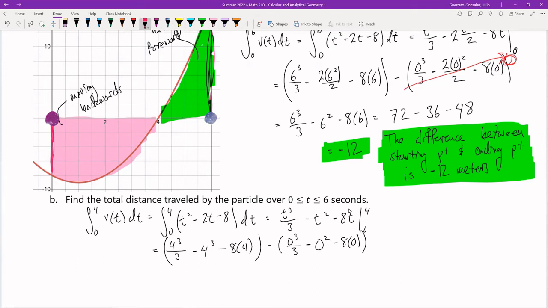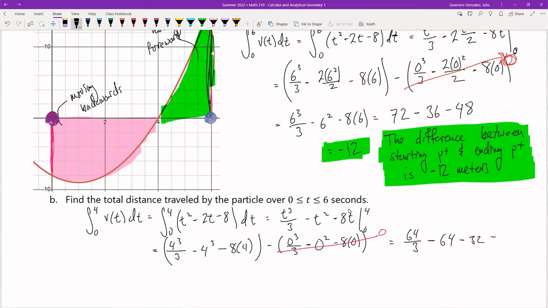All of the stuff on that tail end, that's 0, right? So I get left with 64 over 3 minus 16 minus 32.